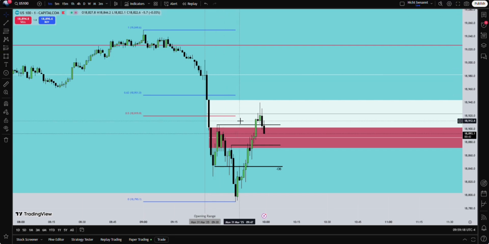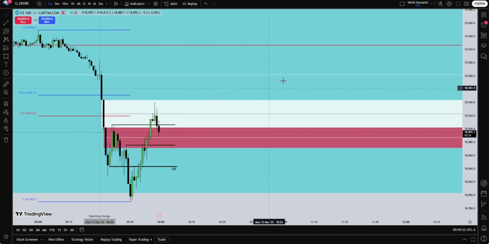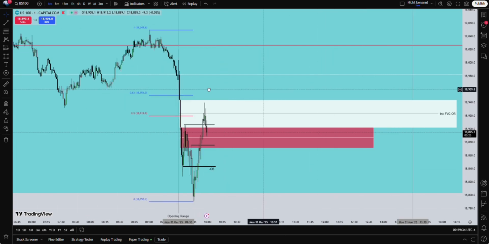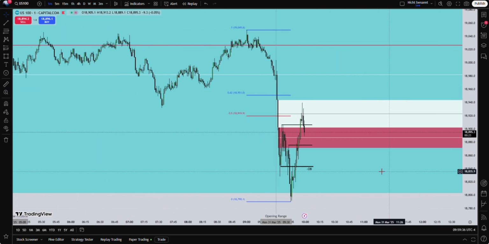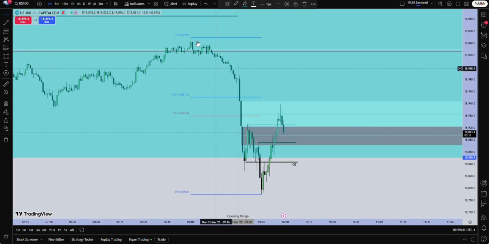So yeah, I was just telling you guys about the importance of knowing premium and discount. So at this point, price traded above the 50% level of this price leg. It also traded to the consequent encroachment of the first presented fair value gap opening range. And we are also, another important factor, inside of the macro.